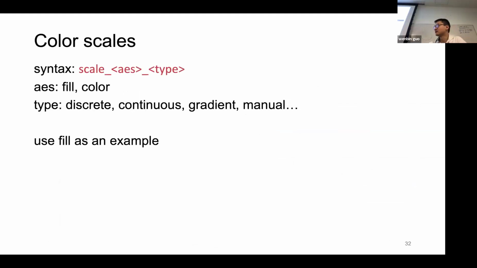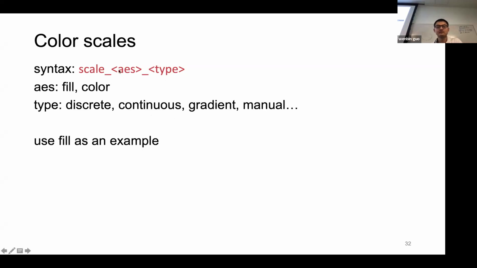So for the color scale, I think this is probably the most interesting part to many of the people, because we want to customize the color on many occasions. So here, if the color is specified by the color parameter, for example, the point color, then you can use a scale color with this type, either discrete or continuous, or you want to manually set them.